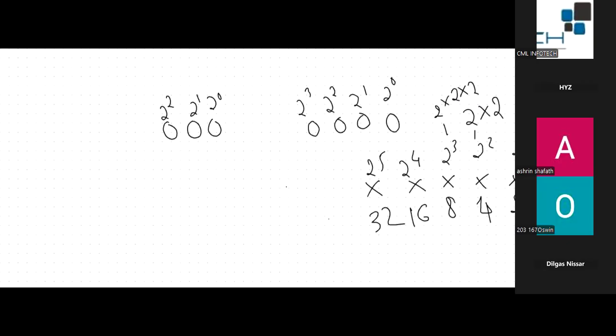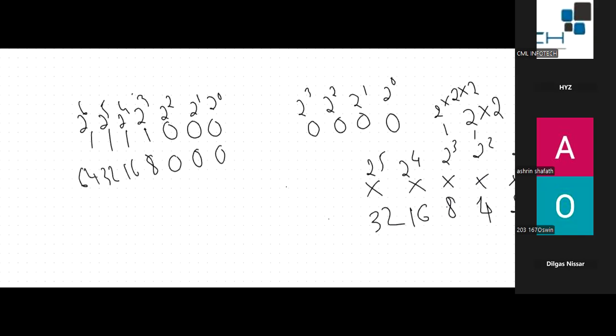Now, let's say I have 1, 1, 1, 1, 0, 0, 0. When you calculate the value, wherever it is 0, it becomes 0. Wherever it is 1, you have to calculate the respective outcome. 2 raised to 3 is 8, then 2 raised to 4 is 16, 32, 64.